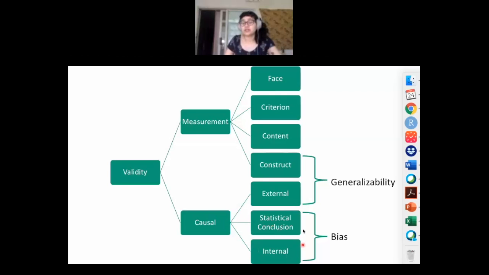And then statistical conclusion and internal validity have to do with bias. And when we're talking about validity within not just the measurement sphere, but also within the research method sphere, we're talking about how logical relationships between variables is known.